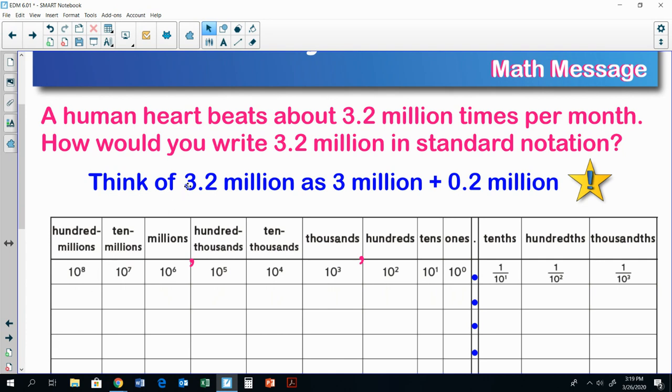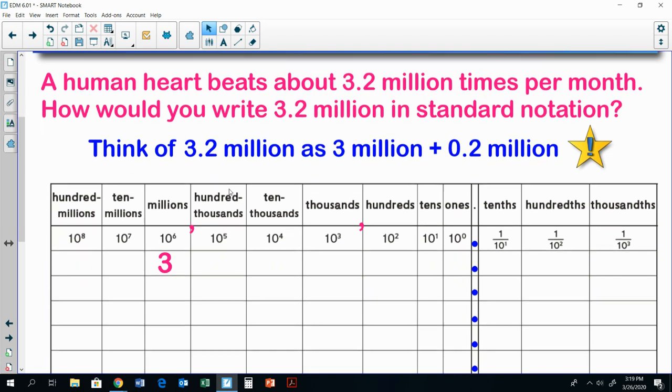So first, we'll put a 3 in our millions place, here in our place value box. And the 2 is going to be one place to the right of the millions, which is 1/10 the value of the millions place, which would give it a value of 100,000.